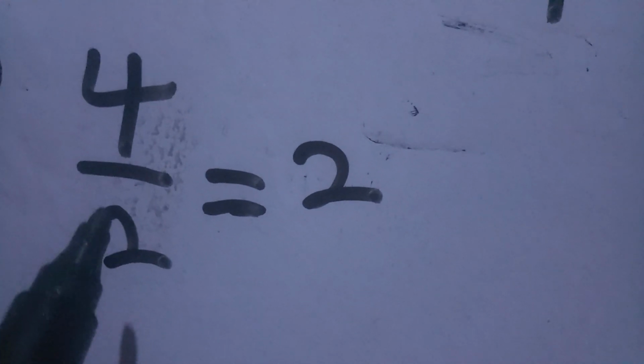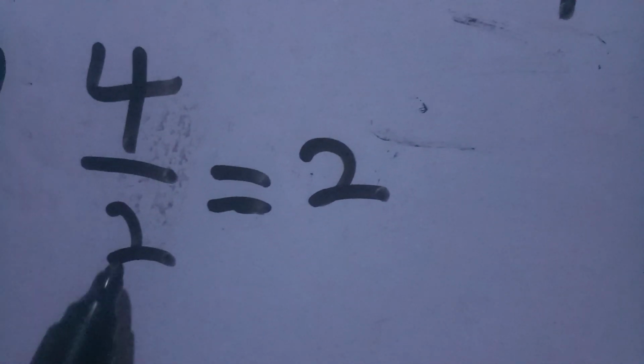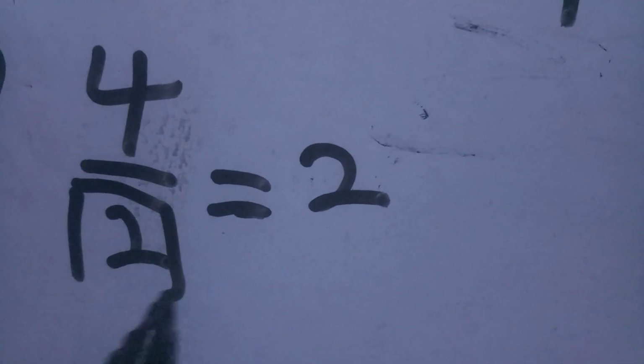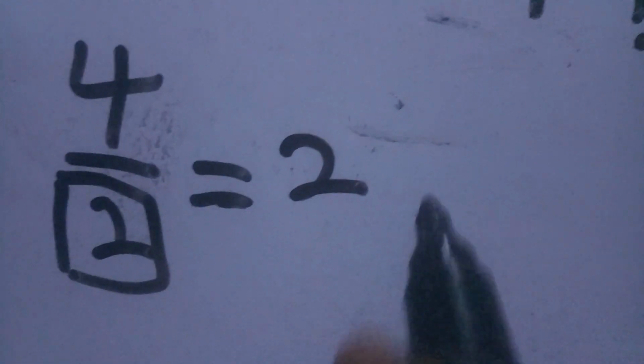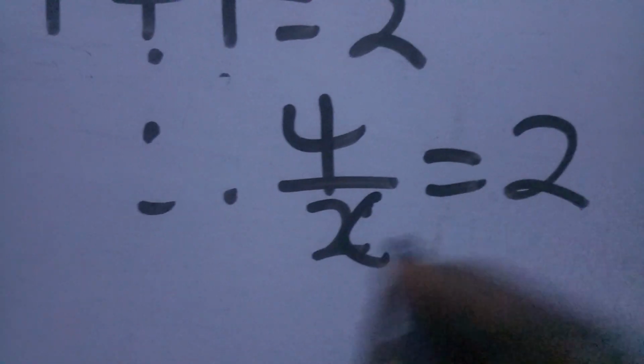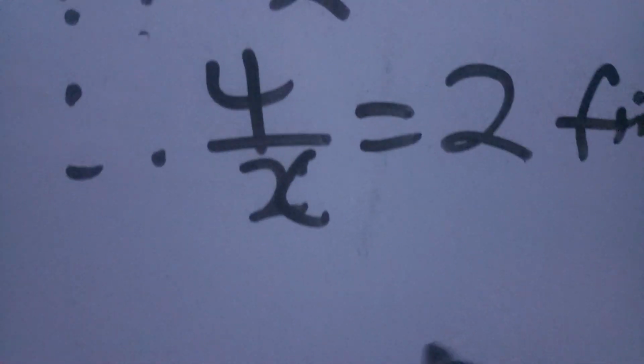Now, this is an equation. So assume that we are given only 4, but this 2 here is changed to x. That is 4 divided by x is equal to 2. You are asked to find x.